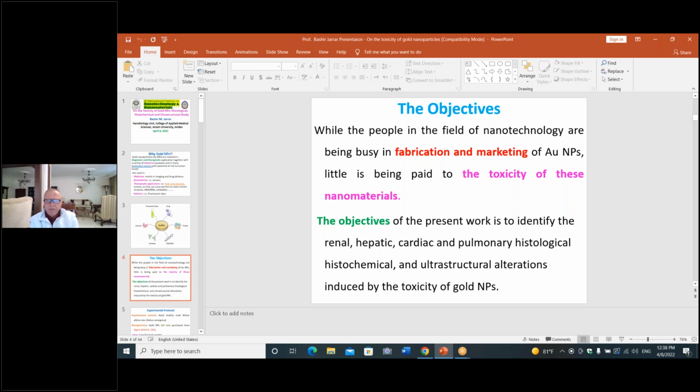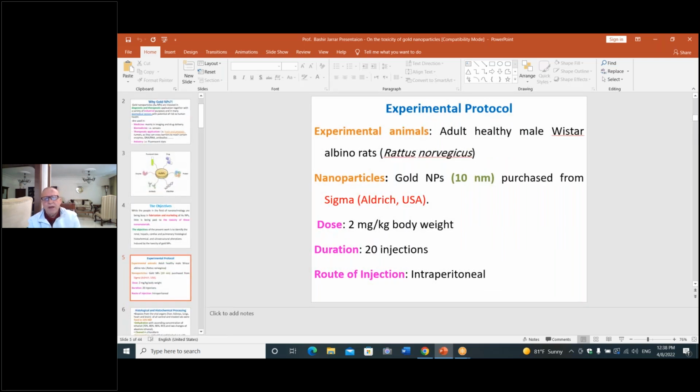So I am looking for the renal, hepatic, cardiac, and pulmonary alterations that might be induced as a result of exposure to gold nanoparticles.